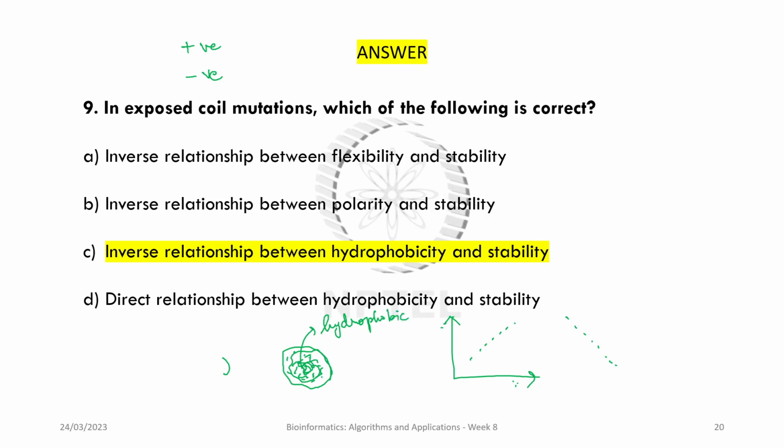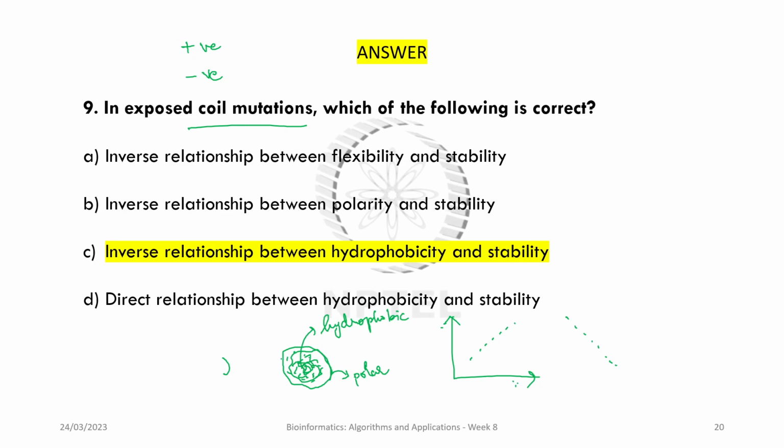in the core or buried residues, and the ones that are exposed are generally charged or polar residues, right? So now, in exposed coil mutations, generally, whenever the hydrophobic residues were changed into a polar residue, there was a very big change in the free energy.